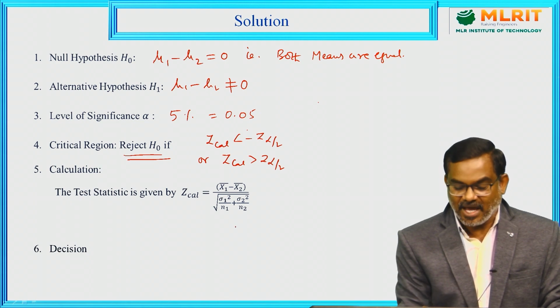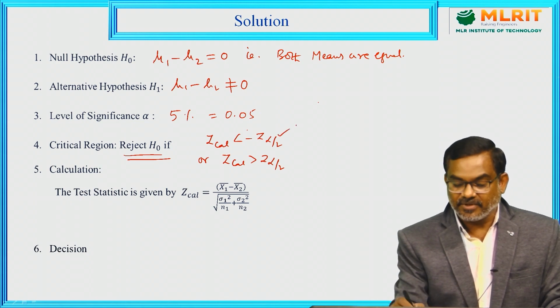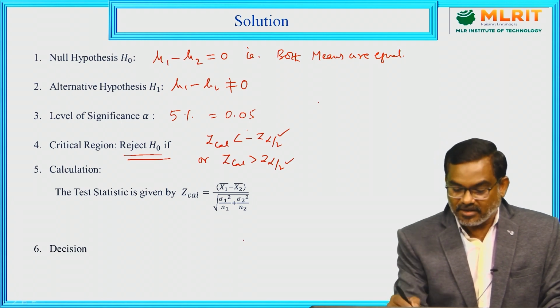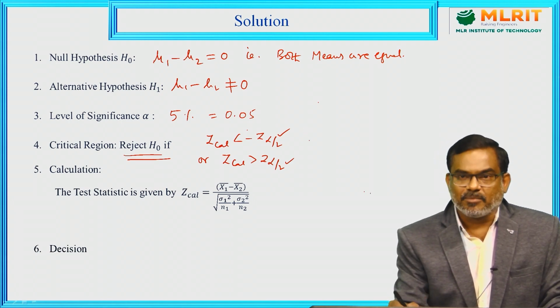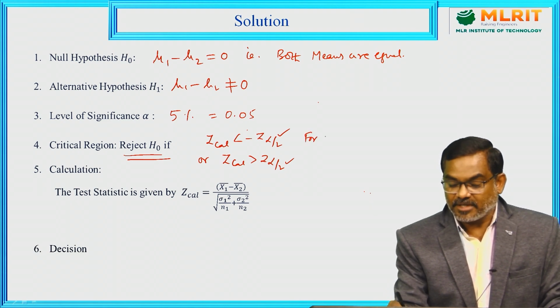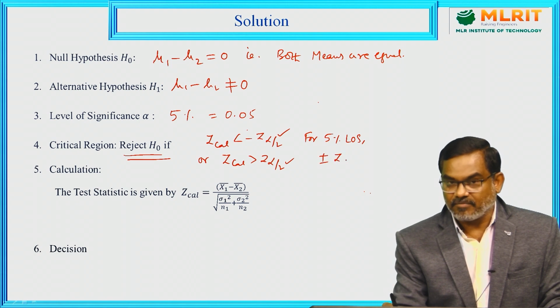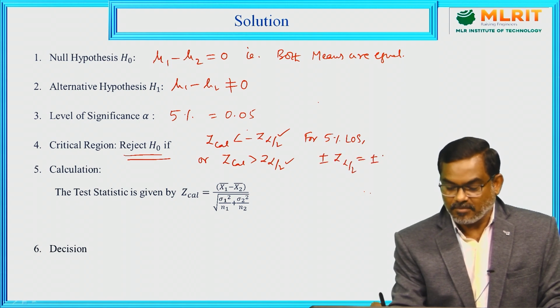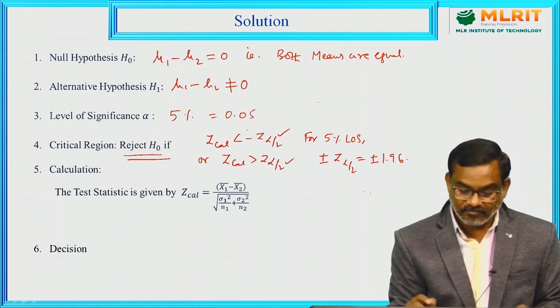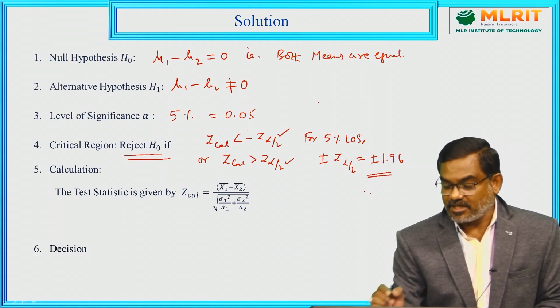So, if our calculated value is negative, check with the first condition, and if it is positive, check with the second condition. And using the reference table of Z distribution, for 5% level of significance, plus or minus Z alpha by 2 or plus or minus 1.96. This is the tabular value.